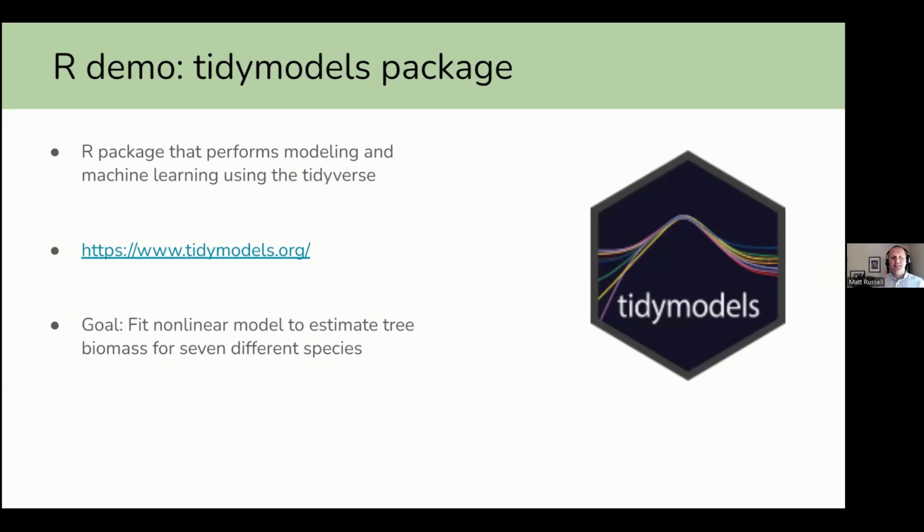Again, that's the cool new way to do some data analysis in R. Our goal is that we have data on tree biomass for 7 different species. We want to fit a nonlinear model to estimate tree biomass for those species, and through the code we'll see how that relates to the tidymodels package.